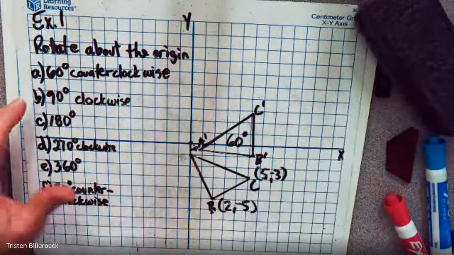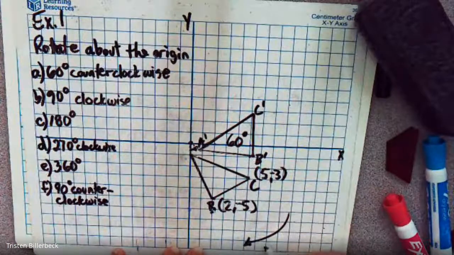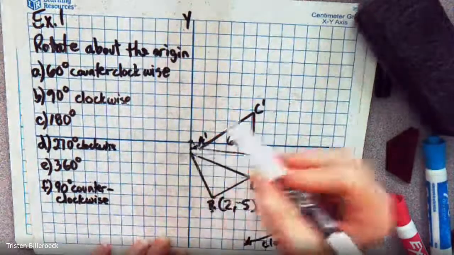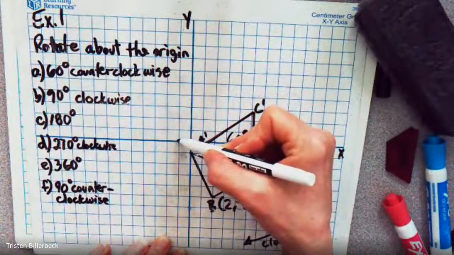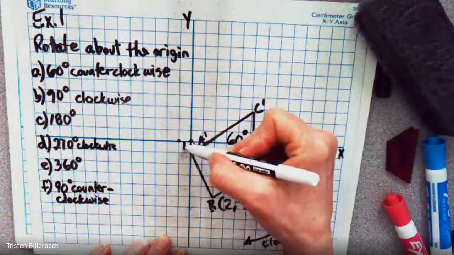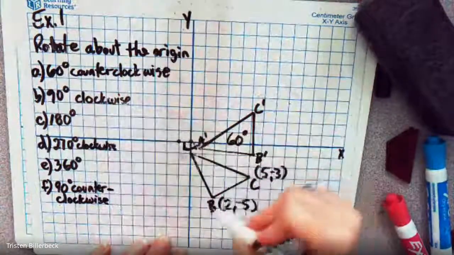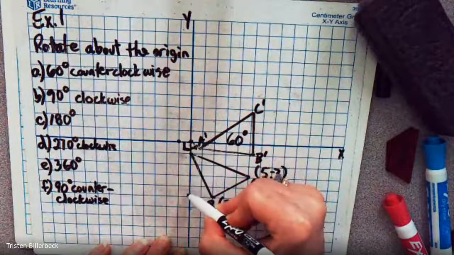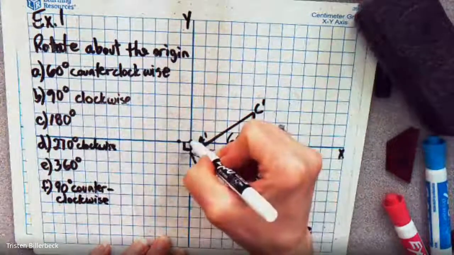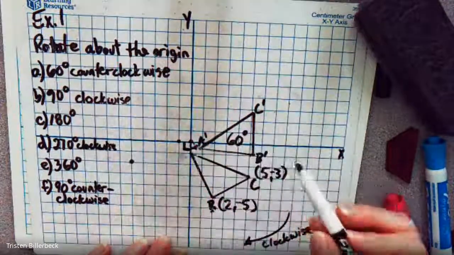All right, so what if we move 90 degrees clockwise? Clockwise is this way. I am going to take this and move it over here because that's a 90-degree angle right there. That makes it really easy. Then I'm going to do the same thing with B. I count 1, 2, 3, 4, 5, 1, 2 right there.